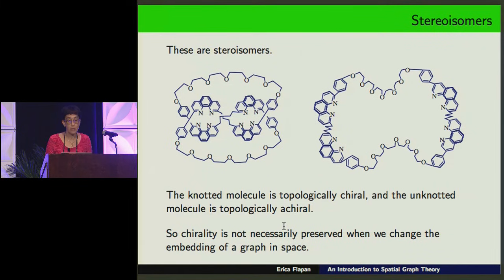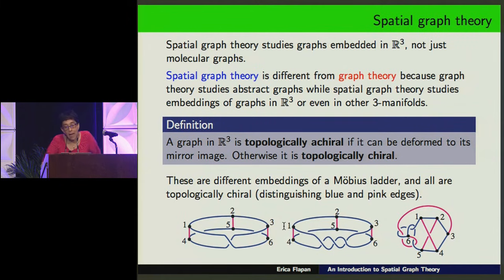So I want to now move from the chemical motivation to spatial graph theory more generally, where we're looking at graphs in space, but they don't have to be molecular graphs. And so just so you don't get confused, many people know what graph theory is, the study of graphs, but when you're looking at graph theory, you only care about the graph as an abstract object.